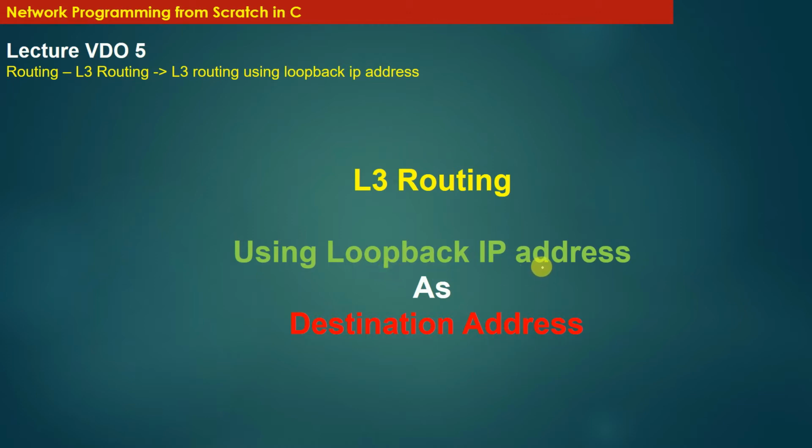Till now we have seen examples of L3 routing where the destination IP address in the packet belongs to one of the local interfaces of a destination machine. So how does routing happen when the destination IP address in the packet is the loopback IP address of the destination machine? Is there any difference?